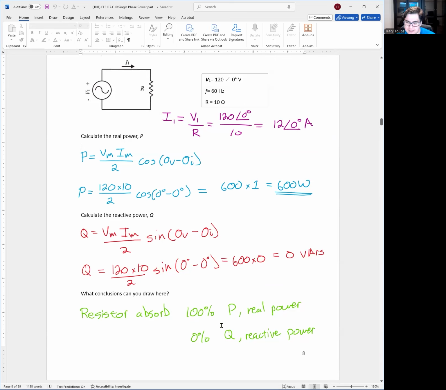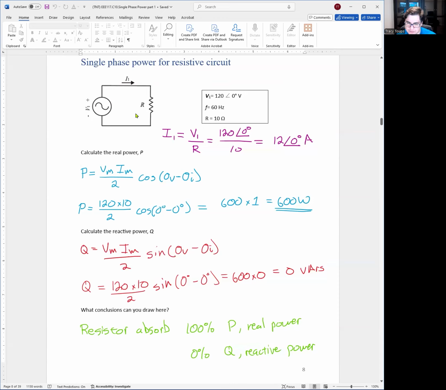The other big takeaway is that a resistor will always take energy out of the circuit. It never oscillates energy. There's no energy ping-ponging back and forth between the source and the load. Every ounce of energy, every electron that goes to the resistor will dissipate its energy off the resistor as heat or a function of light. So that's the resistor.